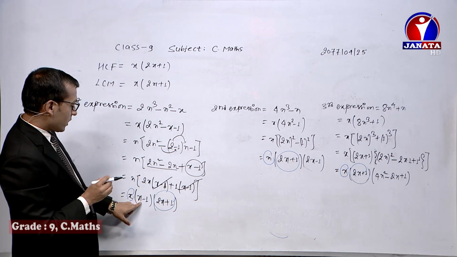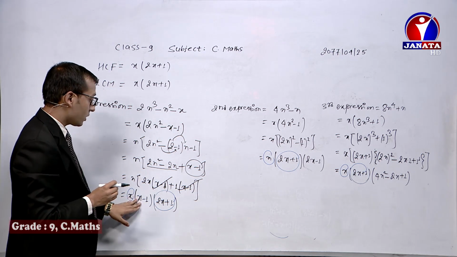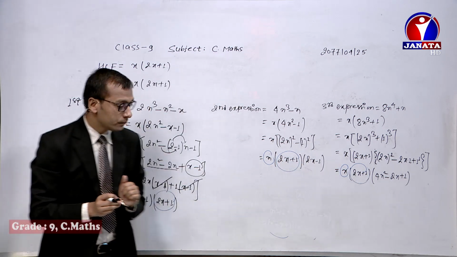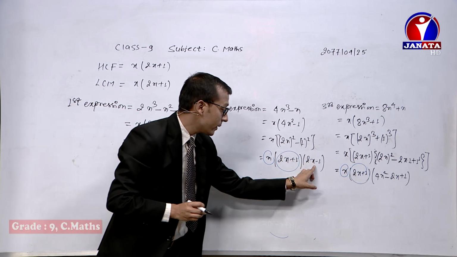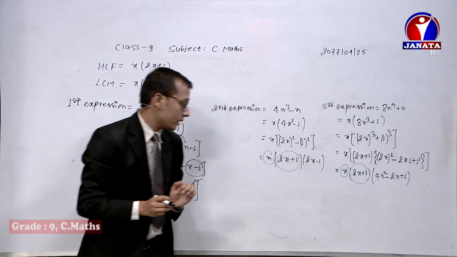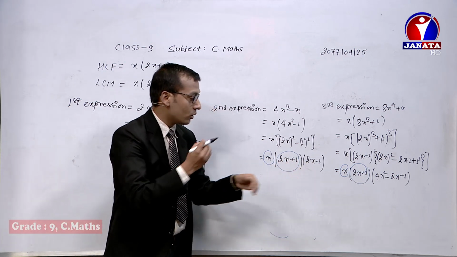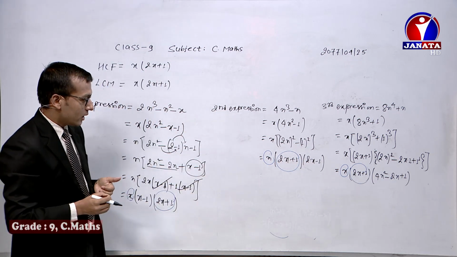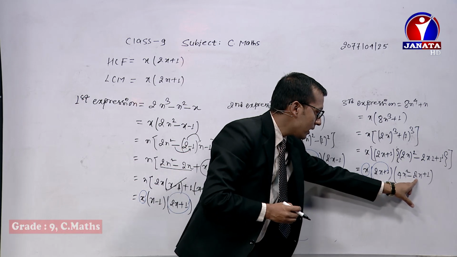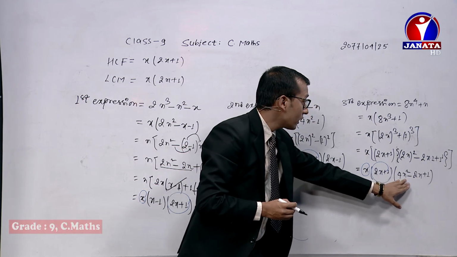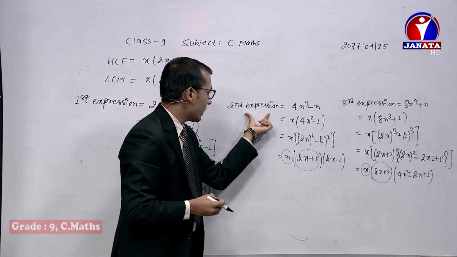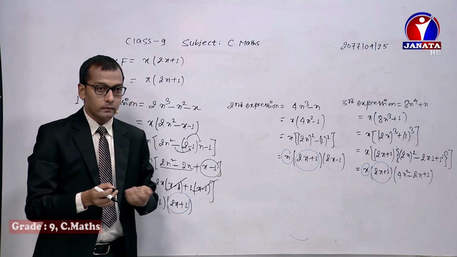So x minus 1 is in the first expression. There is no x minus 1 in the second and third expressions. Similarly, 2x minus 1 is a factor of the second expression, and 2x minus 1 is not in the first and third expressions. Similarly, 4x square minus 2x plus 1 is one of the factors of the third expression, and this is not present in the second and first expressions.